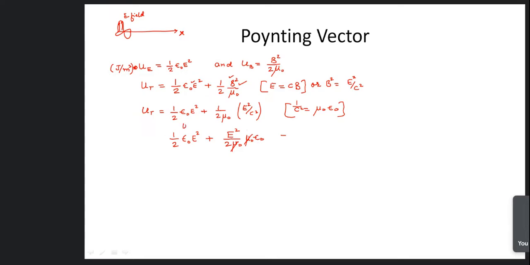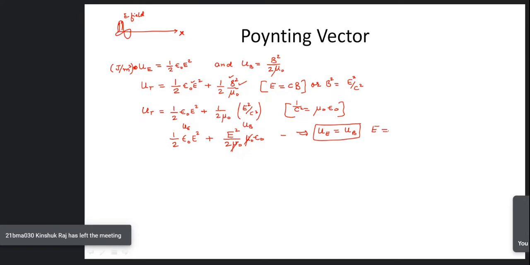This is energy density due to electric field component of electromagnetic wave, and this is energy density due to B field component, and both are equal. We can also conclude from here that energy density associated with electric field component is exactly equal to energy density associated with B component of electromagnetic wave, whereas their amplitudes are not equal. Amplitude of electric field is C times the amplitude of magnetic field.